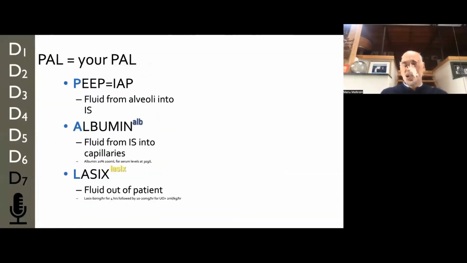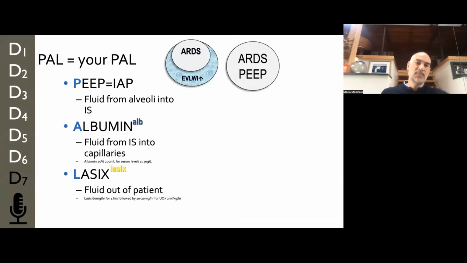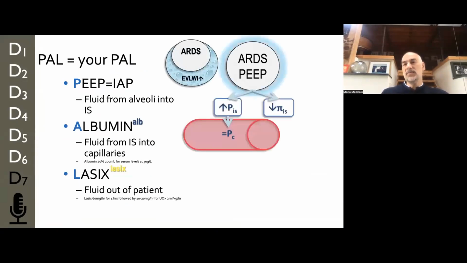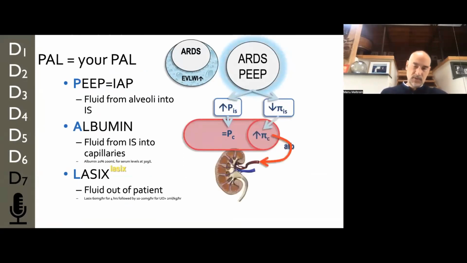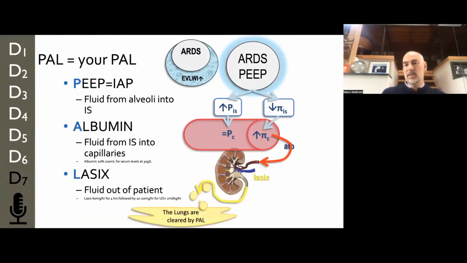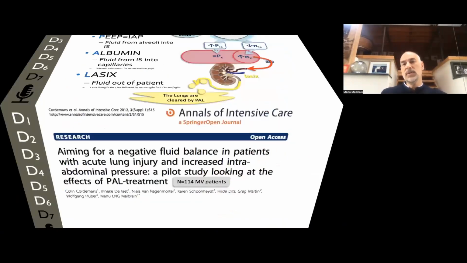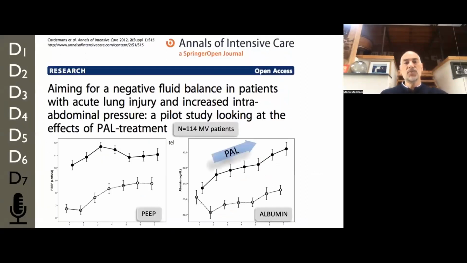So if you identify the patient and you want to de-resuscitate, then you can go for a PAL treatment, a combination of a high PEEP. You squeeze the fluids out of the alveolus into the interstitium, and then you give hyperoncotic albumin. You track the fluids into the intravascular space, and then after 30 minutes each step you give the diuretics and you can clear the lungs. We looked at this retrospectively, with matched controls.